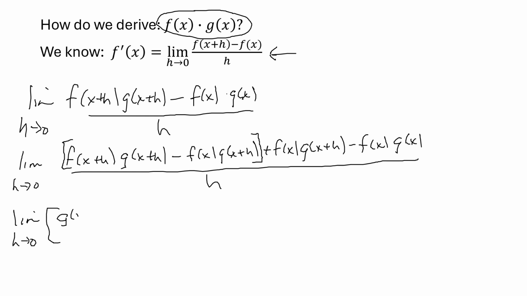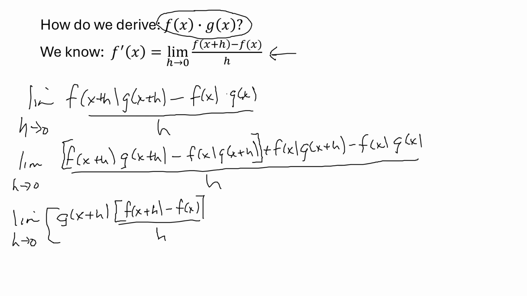I'm going to take out g of x plus h, and that will leave me with f of x plus h minus f of x inside, and I'm going to stick the over h there. That looks semi-familiar.